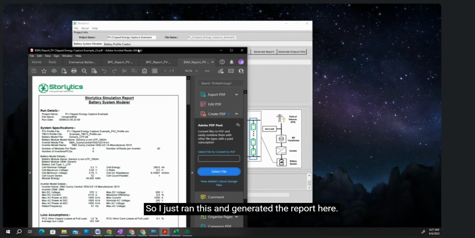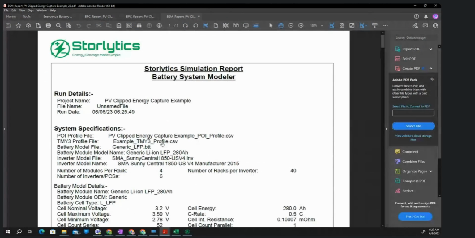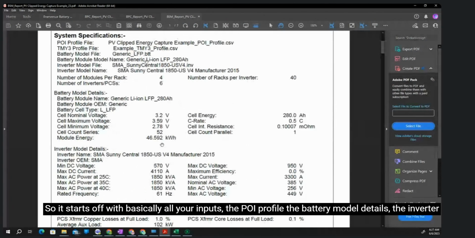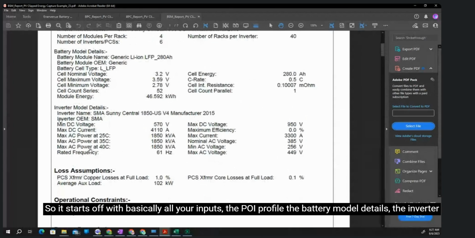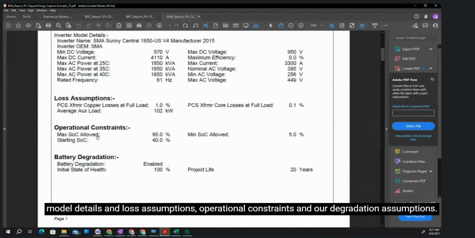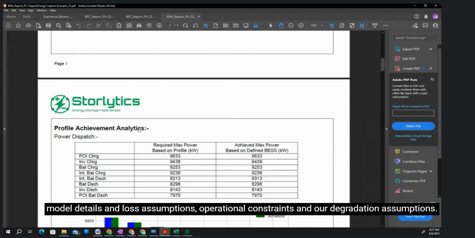So I just ran this and generated the report here. It starts off with all your inputs: the POI profile, the battery model details, the inverter model details, loss assumptions, operational constraints, and our degradation assumptions.